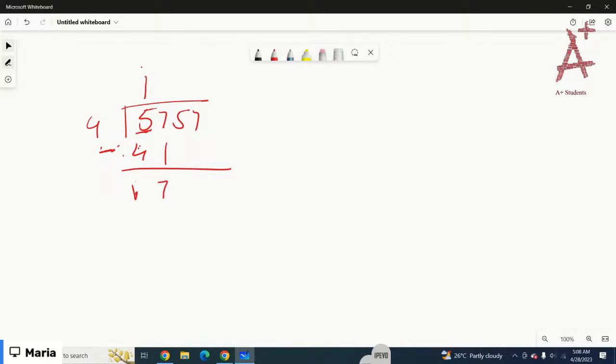You have to count 4 until 17. So 4 times 4 is 16. 17 minus 16 is 1. Just bring the next digit down. Now you have to count 4 until 15. So 4 times.